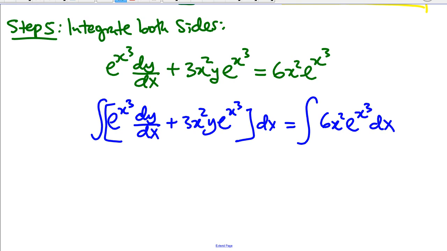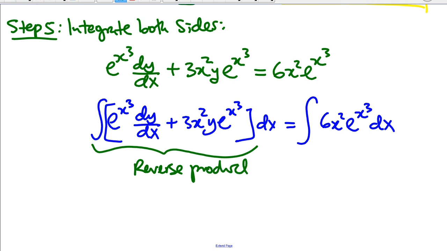Now what's going to happen is, here we're going to reverse the product rule. We already talked about what it is.